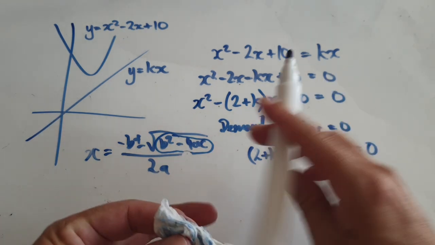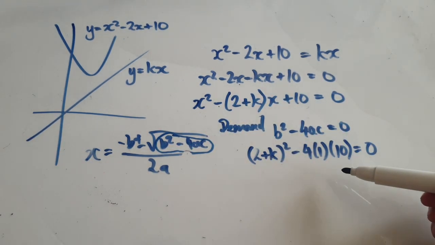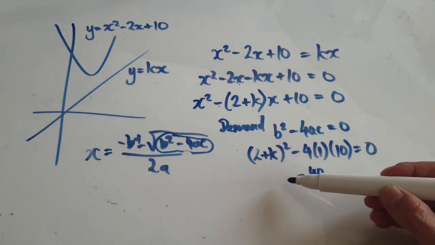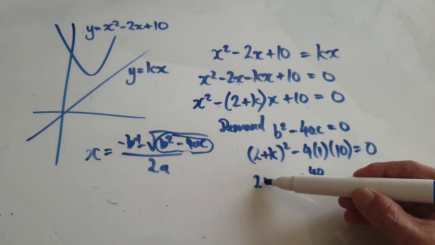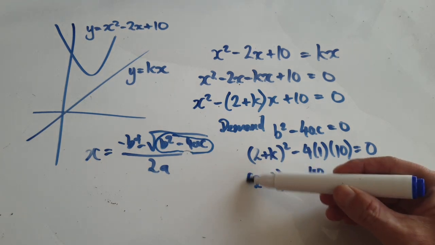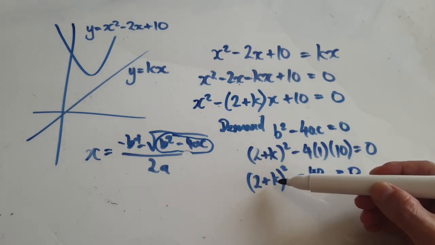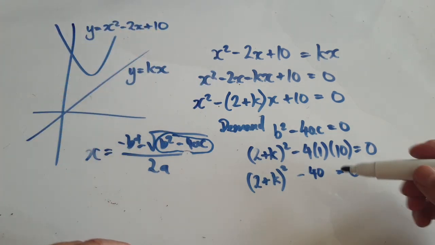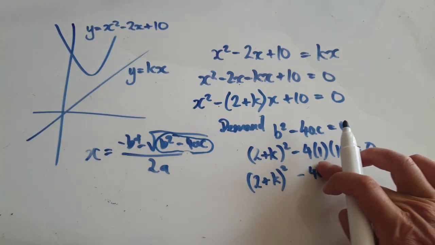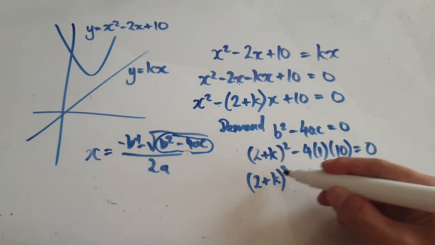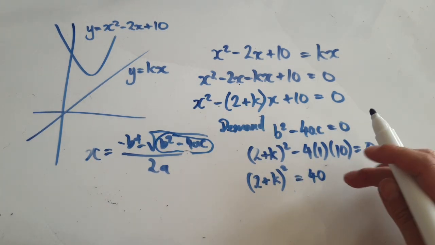So now clean this up. 2 plus k all squared minus 40 equals 0. So it's just a matter of finding out k now. So now add 40 to both sides. So that would be equals 40. And then square root both sides.